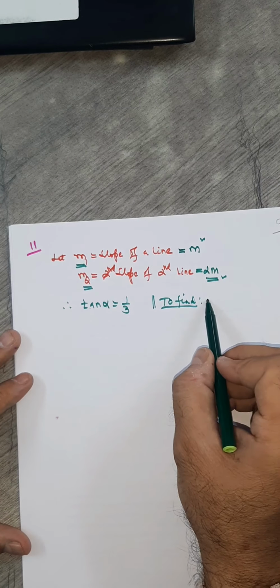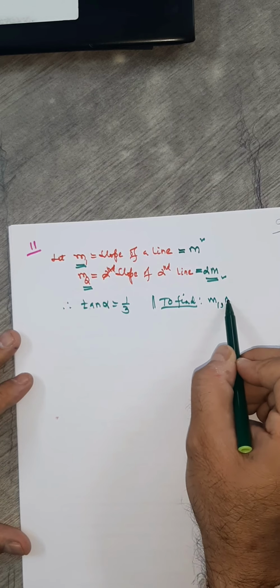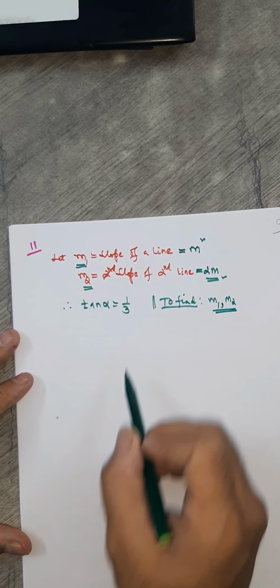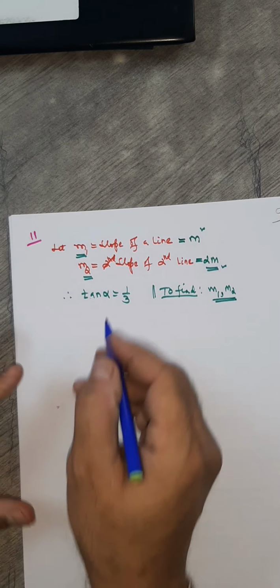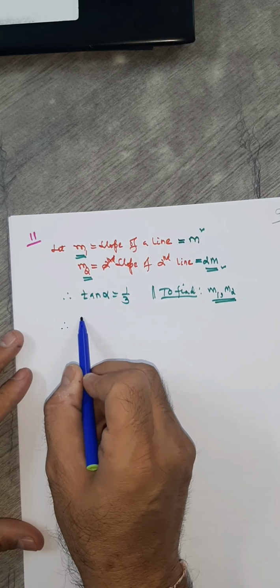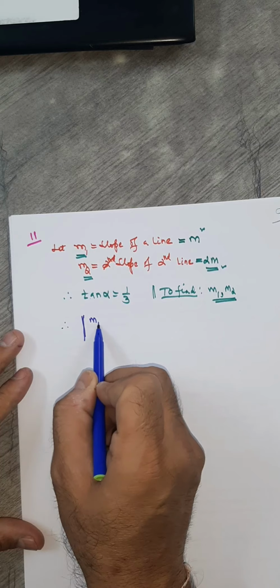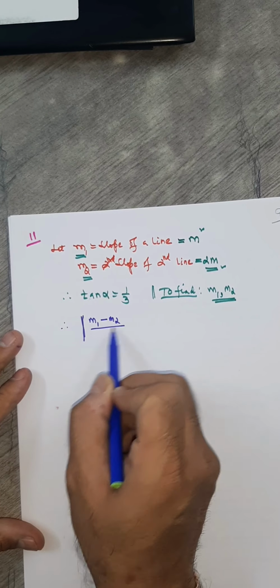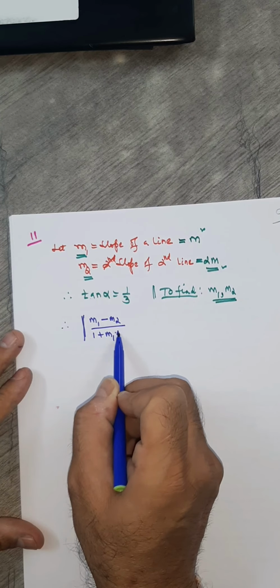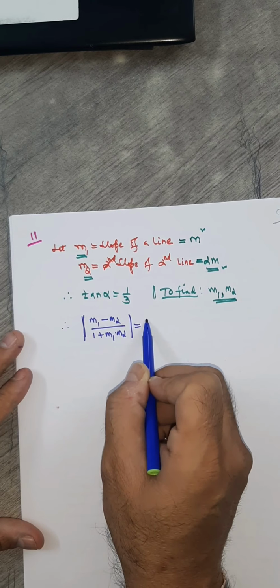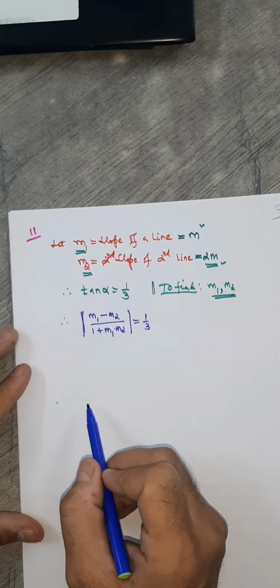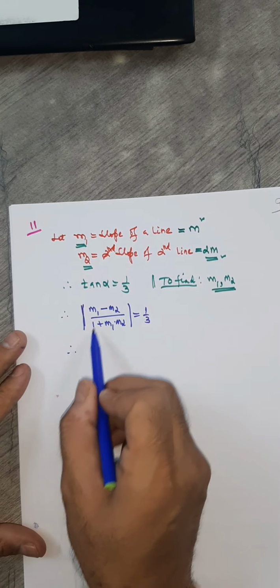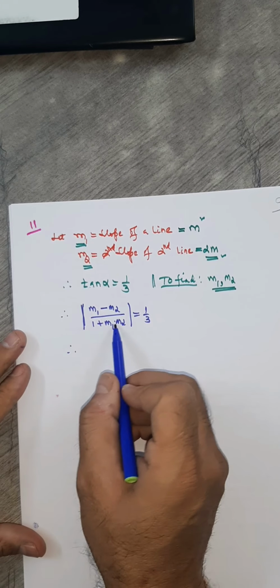So here we simply use the tan alpha formula. What is the tan alpha formula? Modulus of m1 minus m2 upon 1 plus m1 into m2. We have this prepared formula. Now we just put values of m1, m2 and simplify.